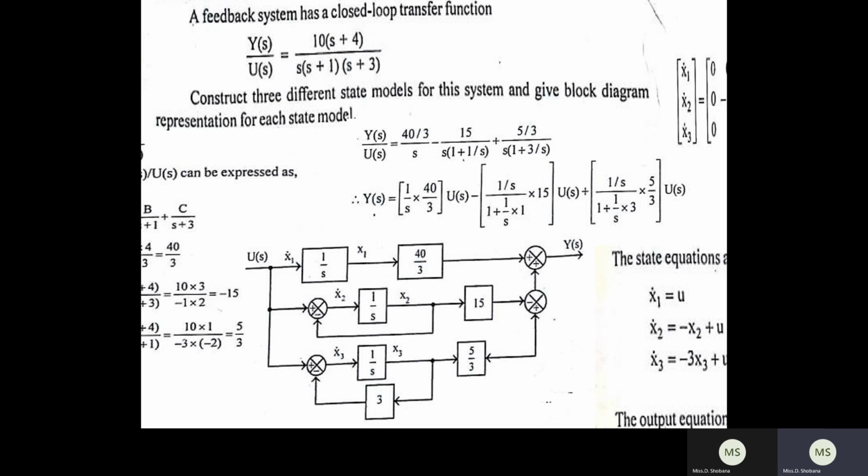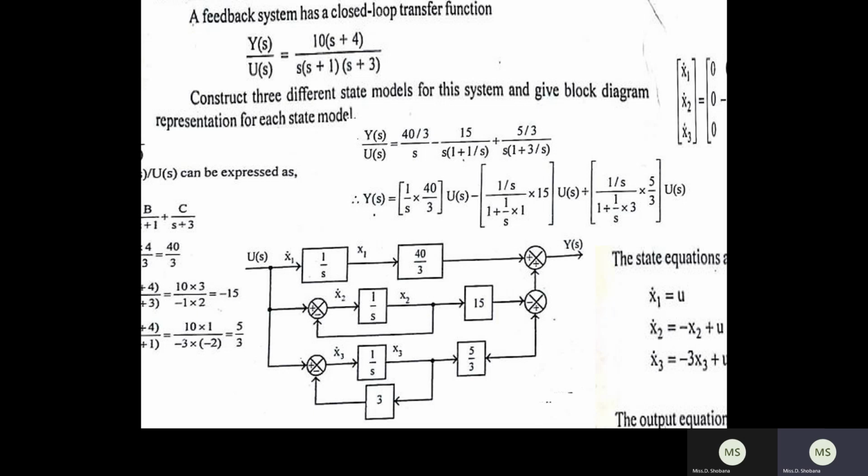Apply the partial fraction and determine the constant values, and you will get a transfer function like this. The a value is nothing but 40 divided by 3, the b value is minus 15, and the c value is 5 divided by 3. So now you have the a value, b value, and c value.